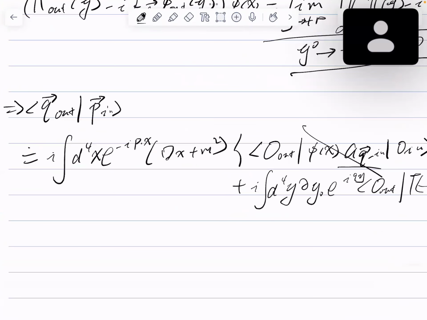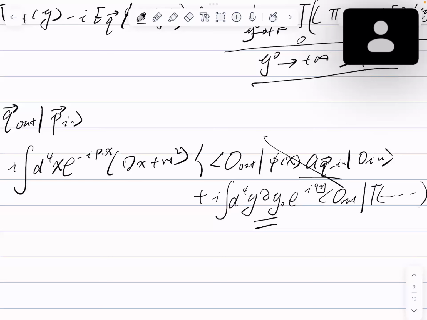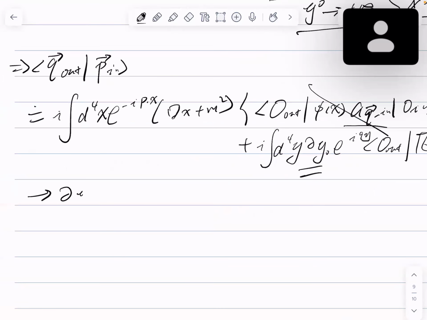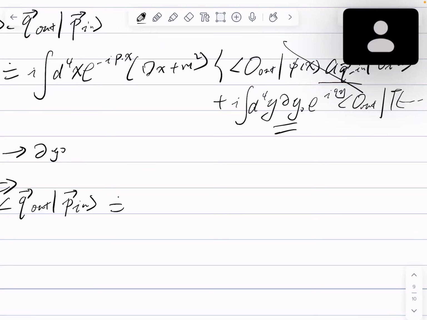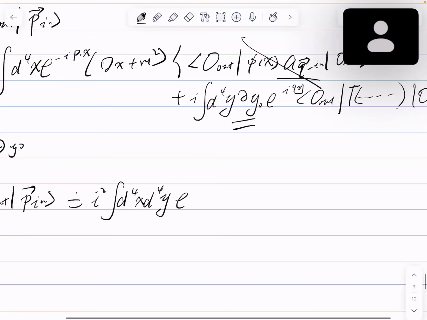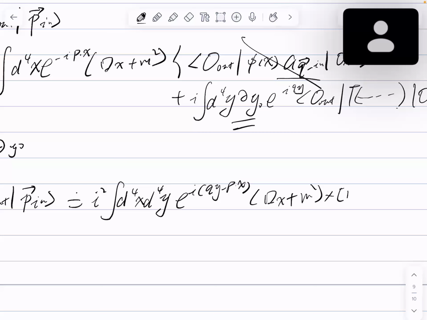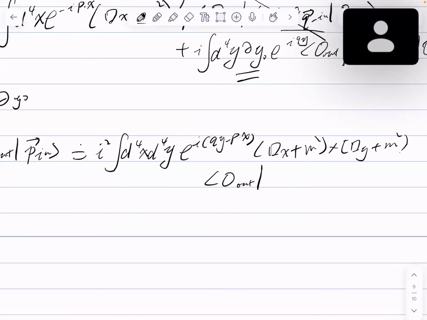For the second term, we just perform this partial y0, and we can obtain the final expression Q out P in equals I square, y e qy minus px, lambda x as m square times lambda y as m square, 0 out time orders phi x phi y 0 in states.